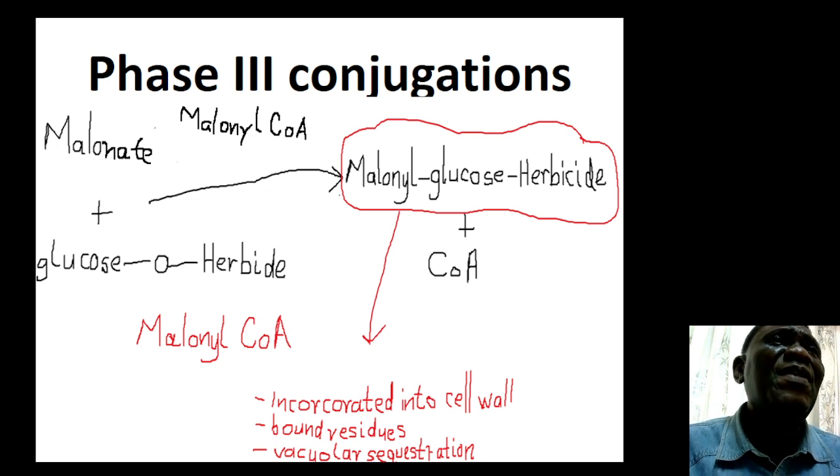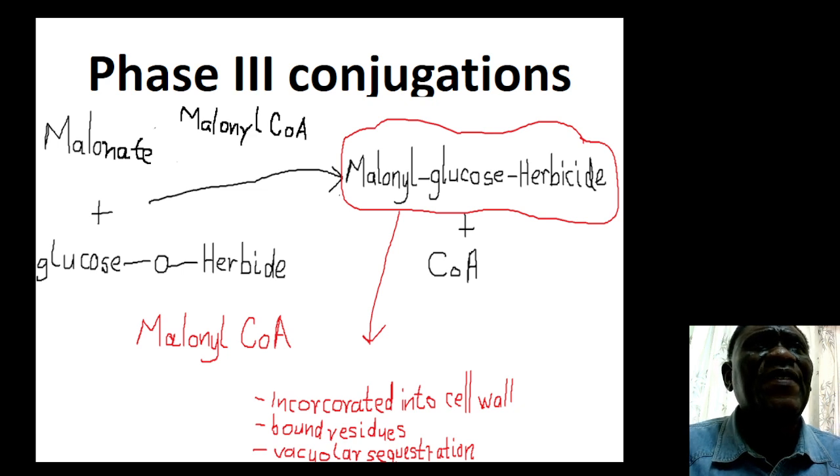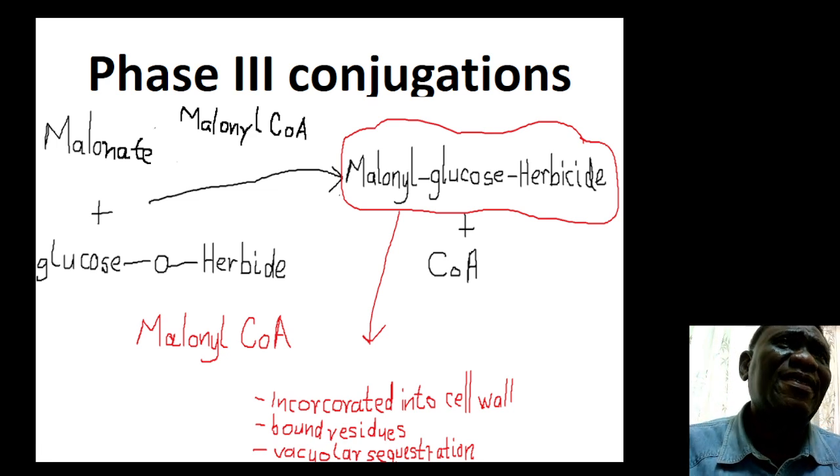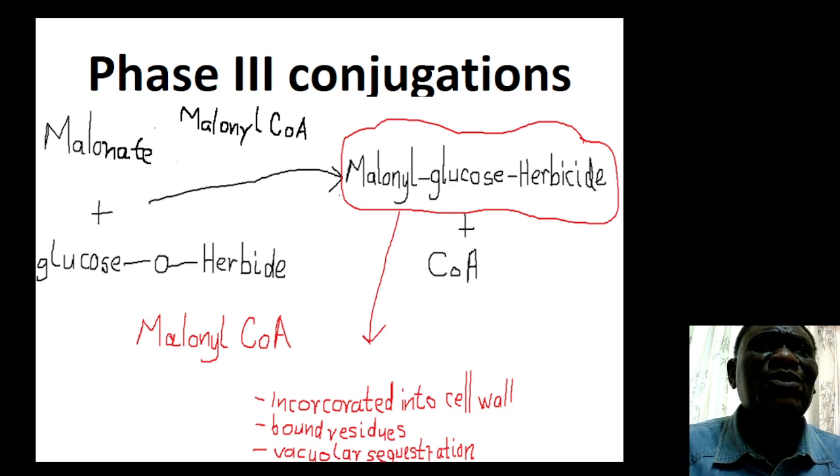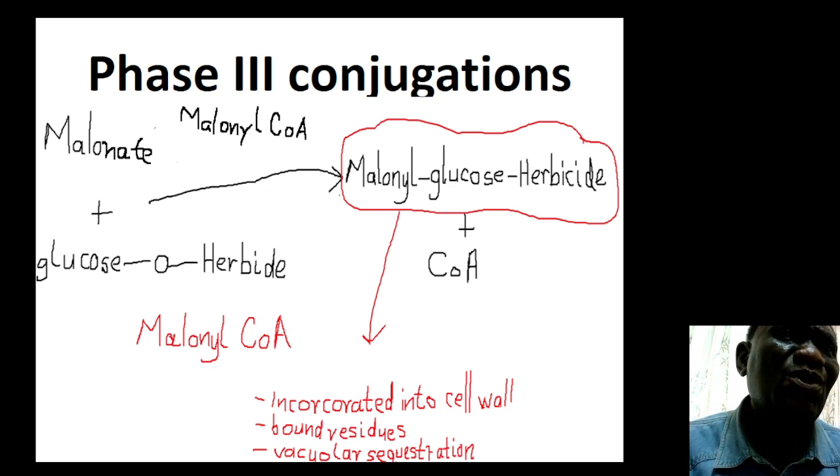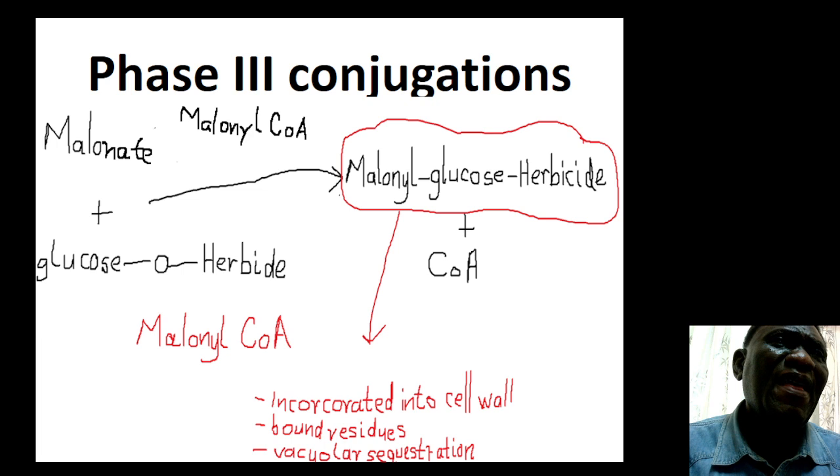We may have a malonyl coenzyme A facilitating the reaction where we have a malonate plus glucose or herbicide forming malonyl glucose herbicide complex. This can actually be incorporated in the cell walls, or it can be found in the vacuoles.